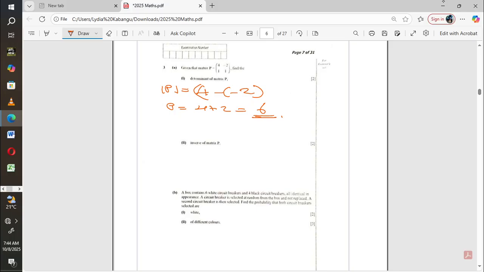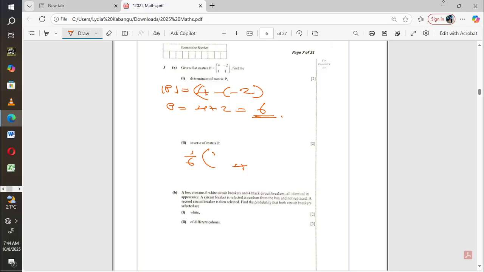From there now, part B says the inverse of P. So the inverse of the determinant 6 becomes 1 over 6. Then the numbers from the major diagonal swap each other, so we're going to have 1 there and 4 down here. Then the minority numbers change signs: if negative it becomes positive, if positive it becomes negative.